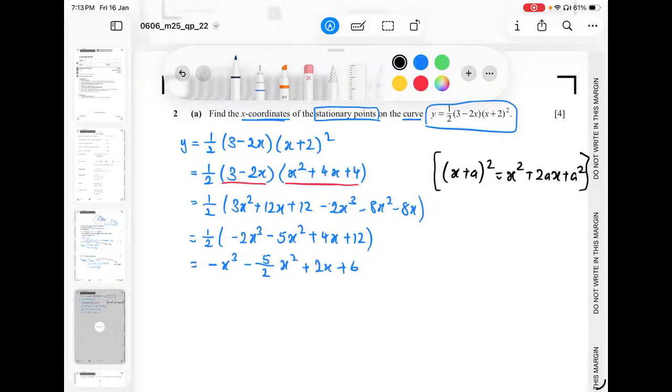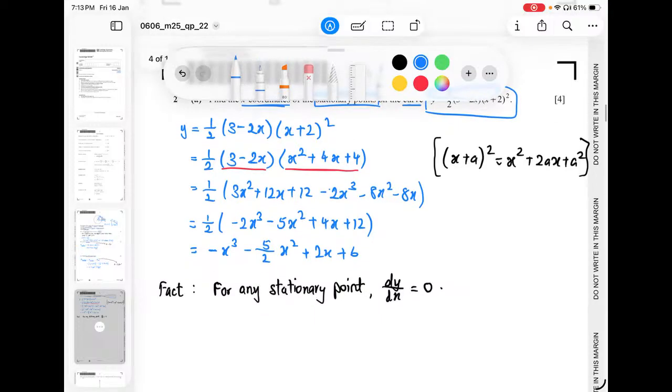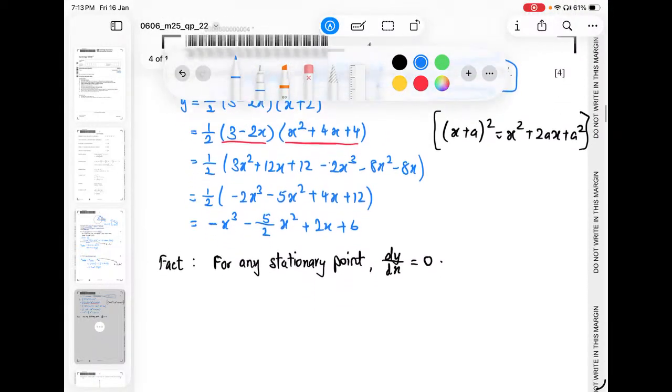So now what we do is find the x coordinates of the stationary points. The fact you need to remember here is that for any stationary point, dy over dx is always 0. So you use this fact.